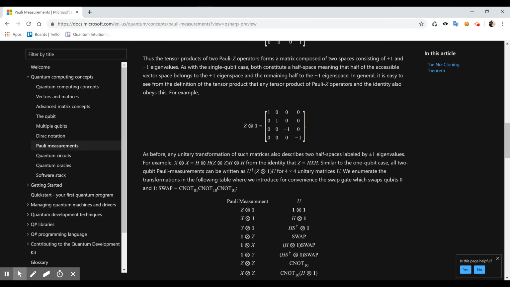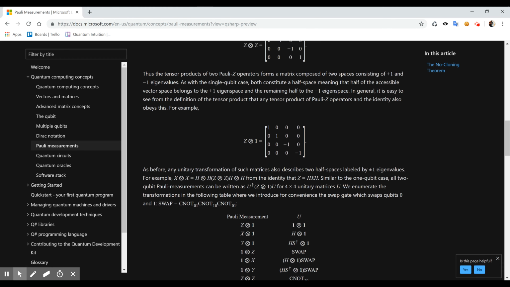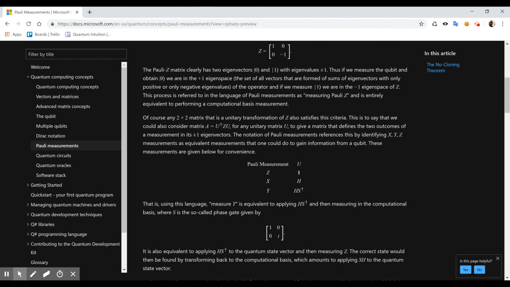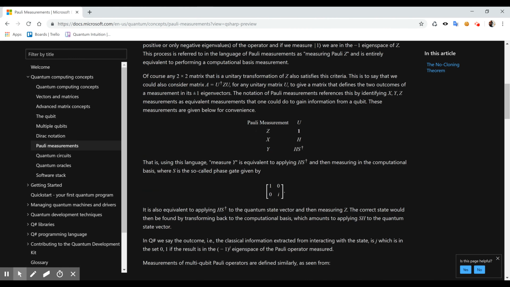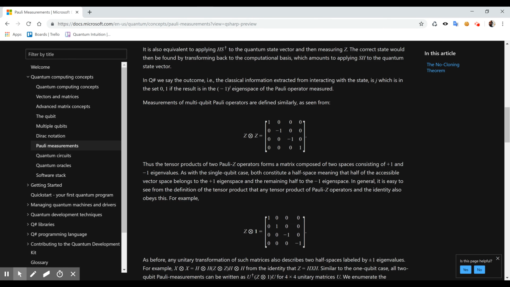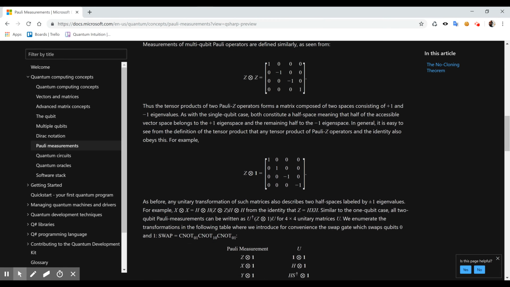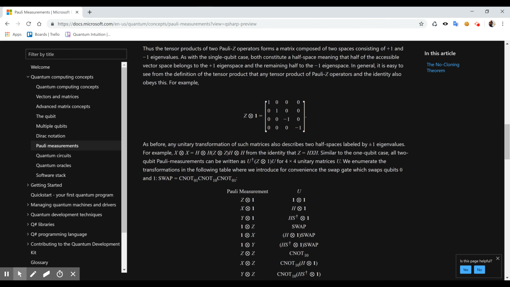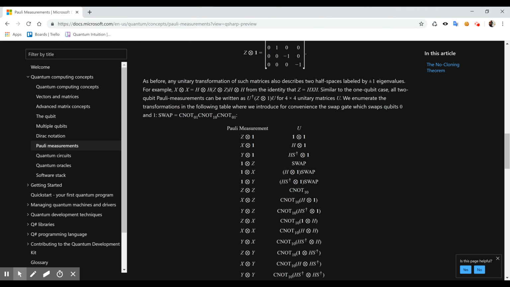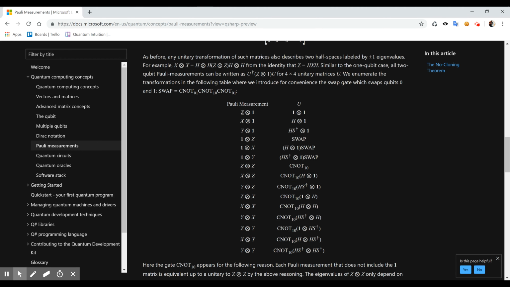But the 1, let's see if I can find this somewhere here. Maybe it just means not the plane but the actual axis.